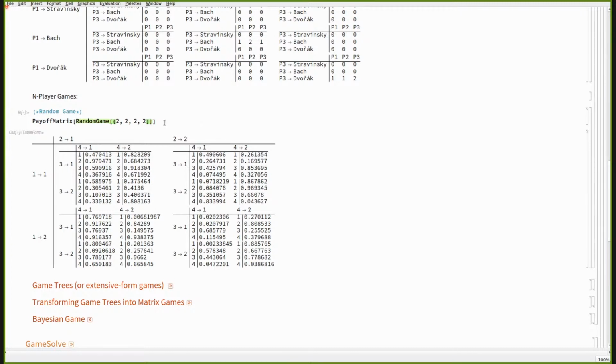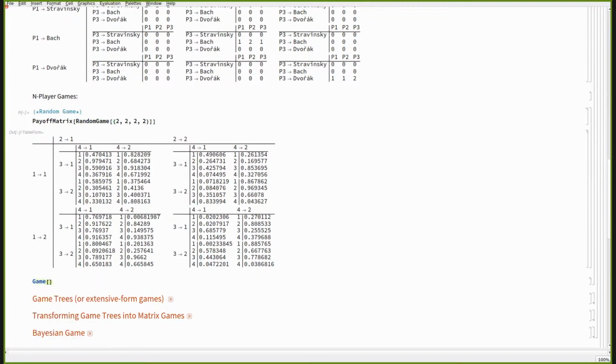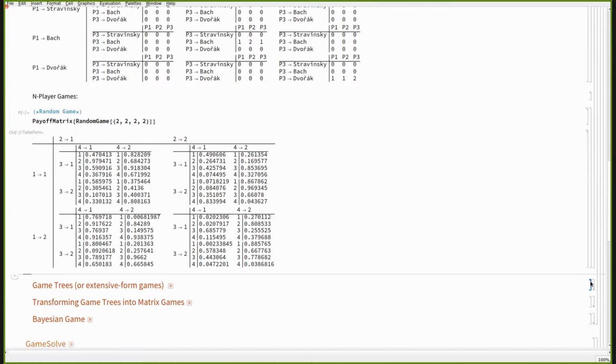I just simplified it so as not to include all these tables all the time. Why isn't it just Game object of RandomReal of 1, 2, 2, 2, 2, 2? Maybe it is. It seems like a specialized thing to want a random game like that. I know it's an interesting thing to study, but it doesn't seem like it needs its own function.